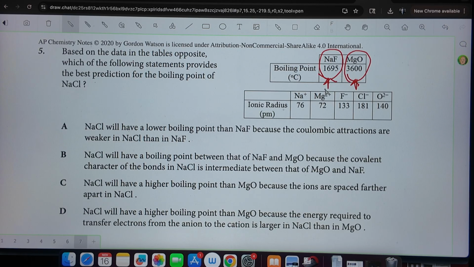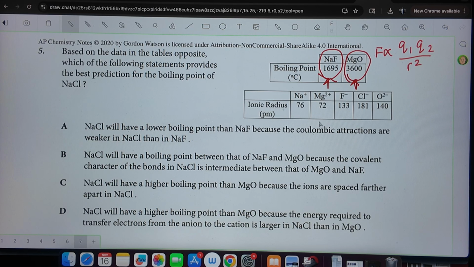So off the bat, we have to think about Coulomb's law. Coulomb's law says the force is proportional to Q1 Q2 divided by R squared.